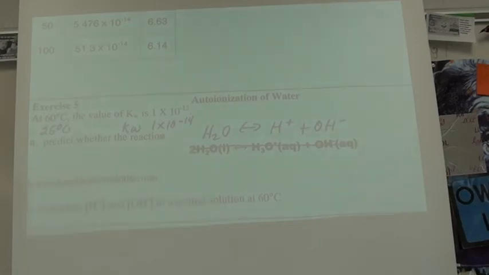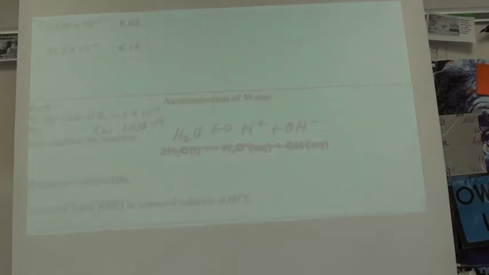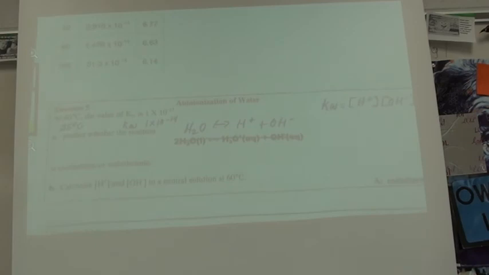What is the equilibrium expression that we would use to talk about the autoionization of water? Kw is equal to, and what they're basically asking is predict which side the heat will go based on how Kw changed.